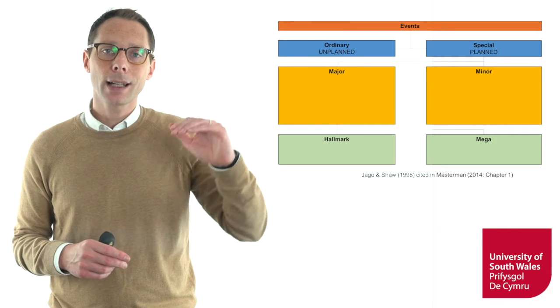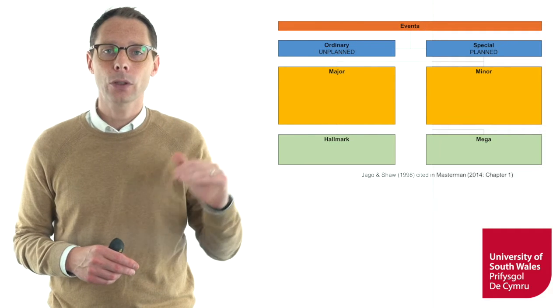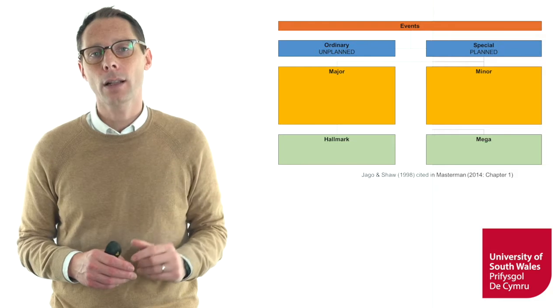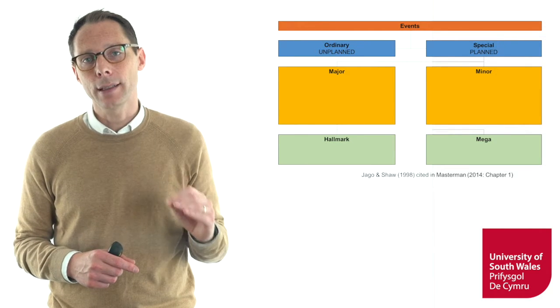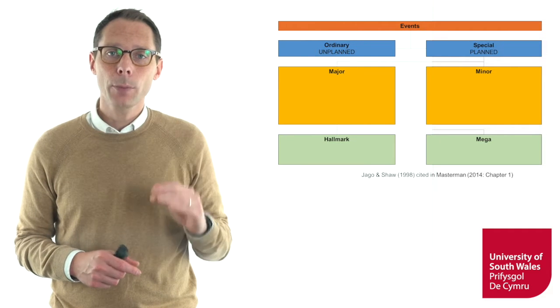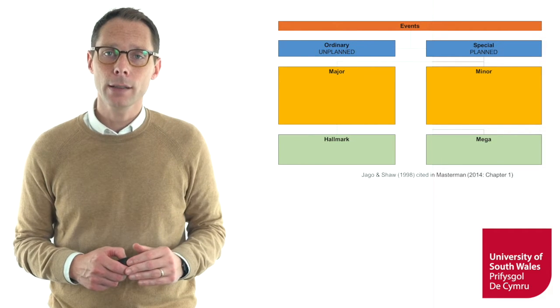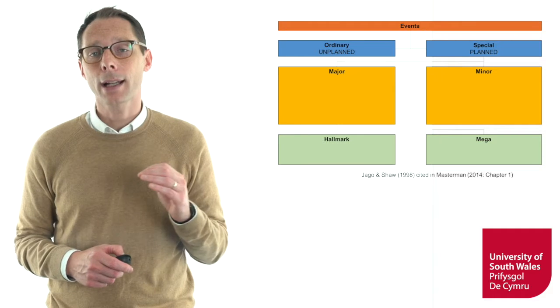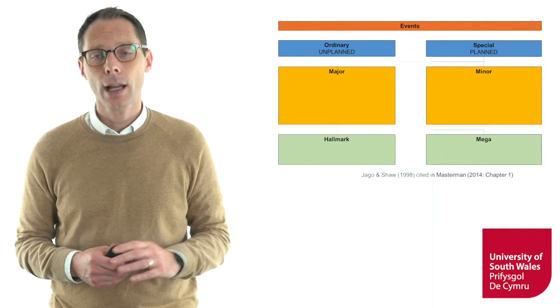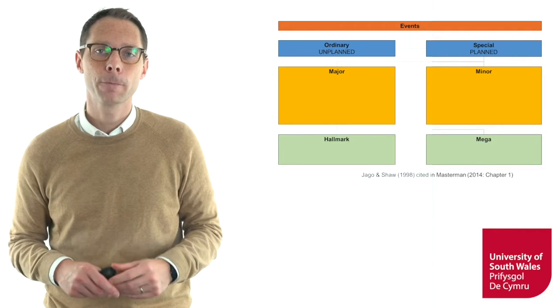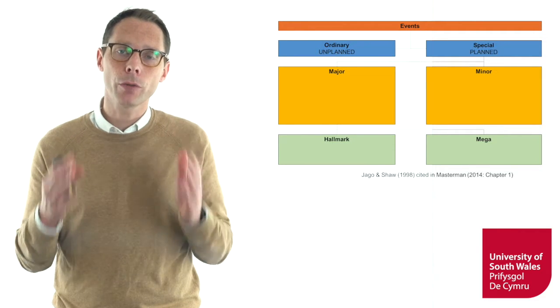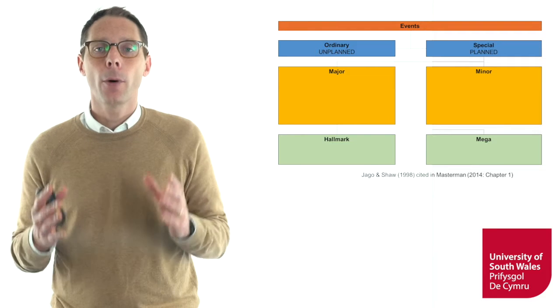So can you provide at least 5 examples of a major event and 5 examples of a minor event? Once you've listed these, then can you subcategorize the major events into hallmark and mega events? So how do you split those 5 and which boxes would they come into? Okay, you can work on your own or in groups on this one. Off you go.